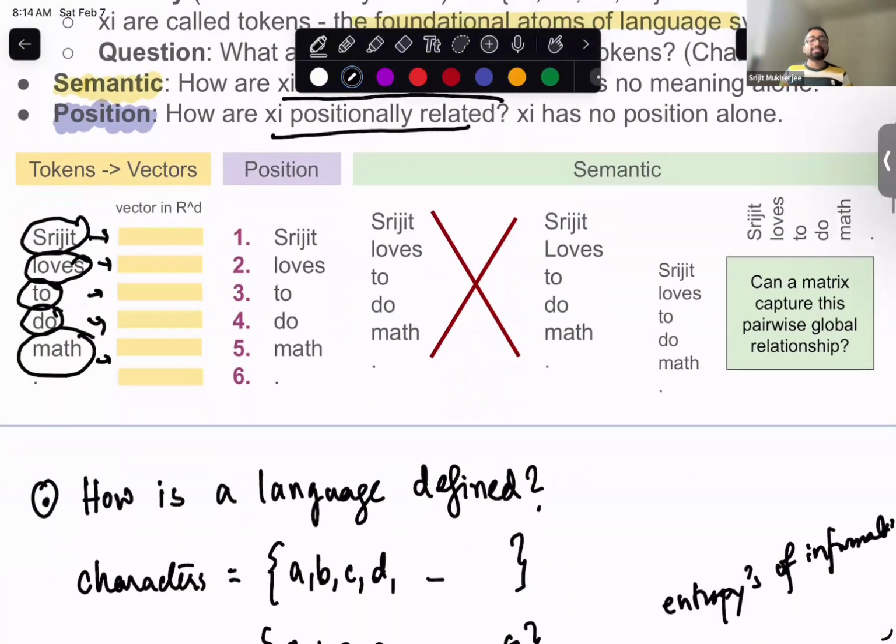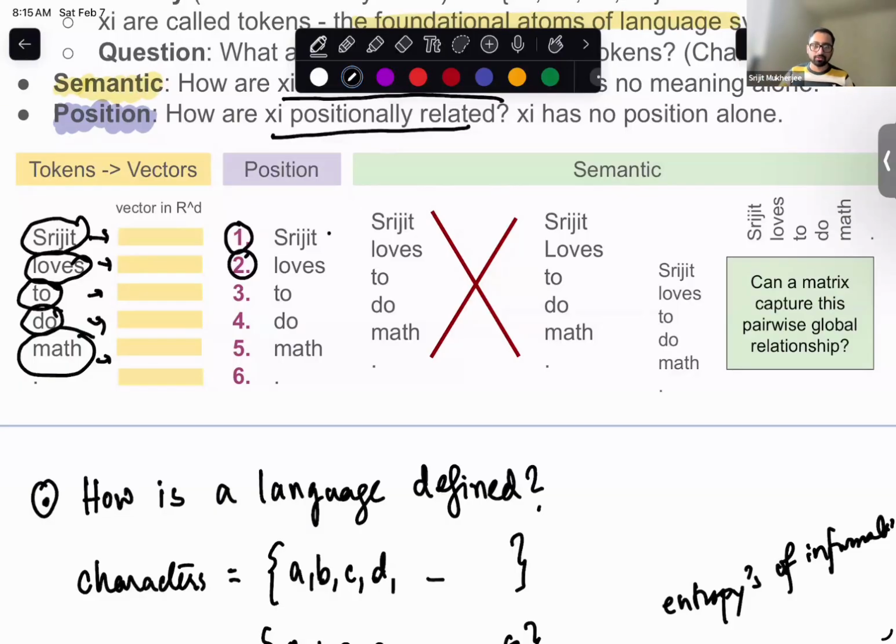When I say position, you have to understand that position means where this word, Srijit, lies, at which part of the language. For example, in this case, Srijit is at the beginning. It will never be "loves Srijit to do math", right?